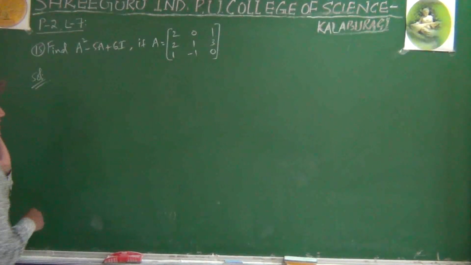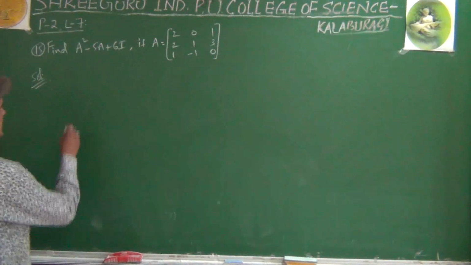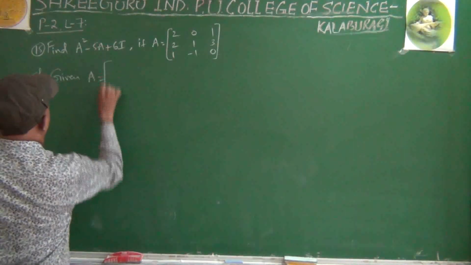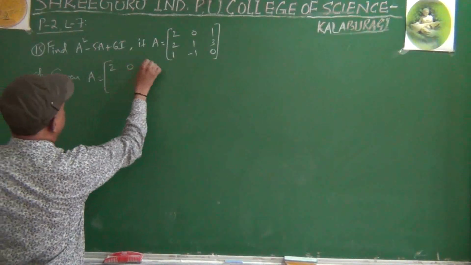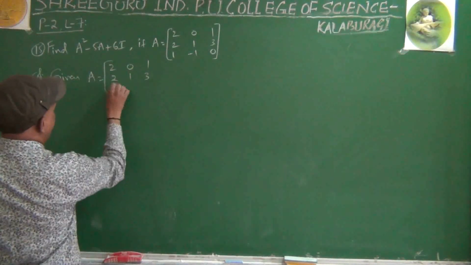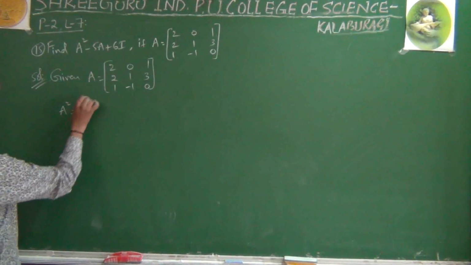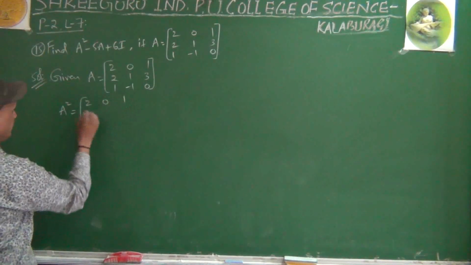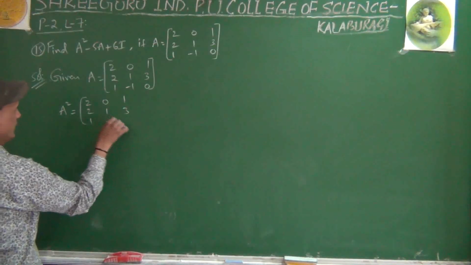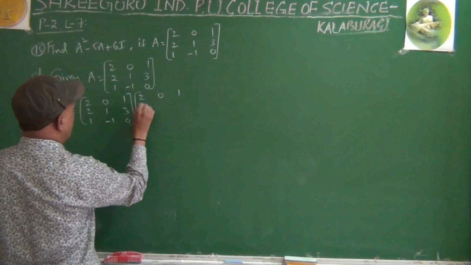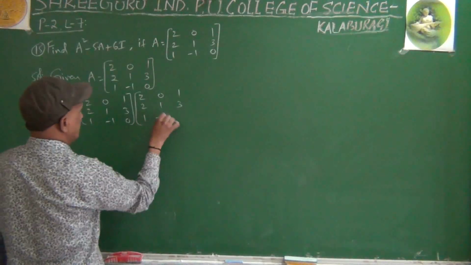For this matrix, first of all, we have to find a square. Given a, a square means a into a. A into a we have solved, you have to try.